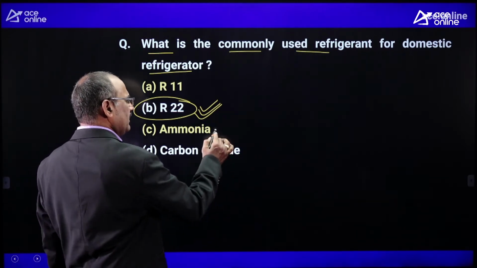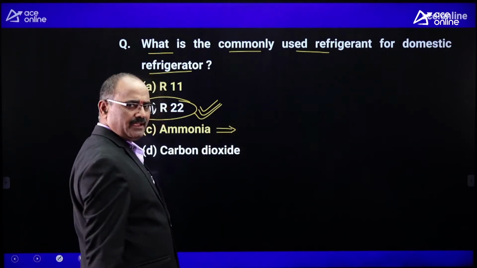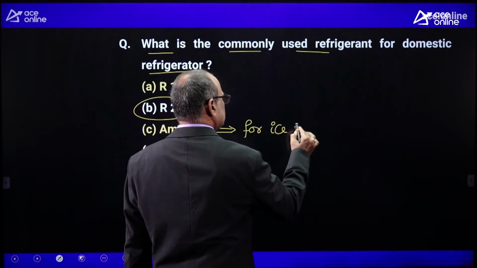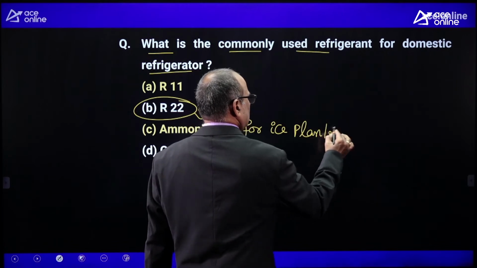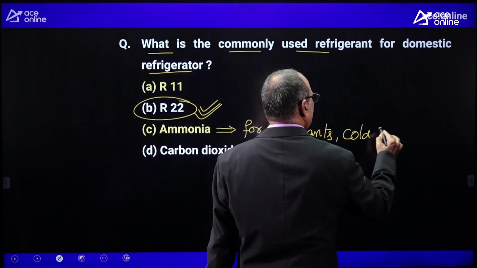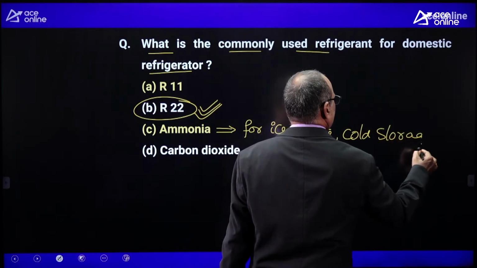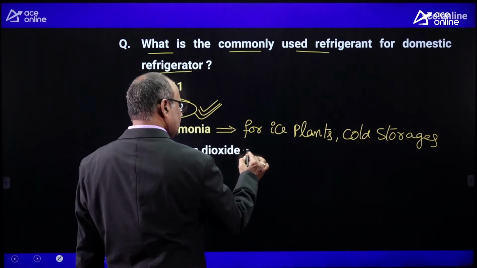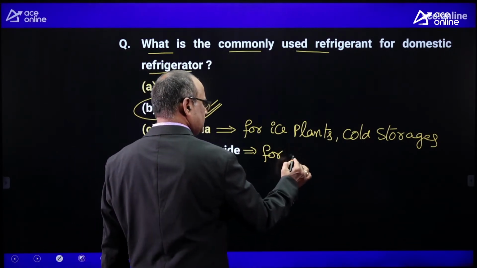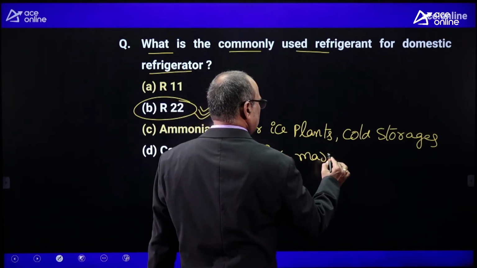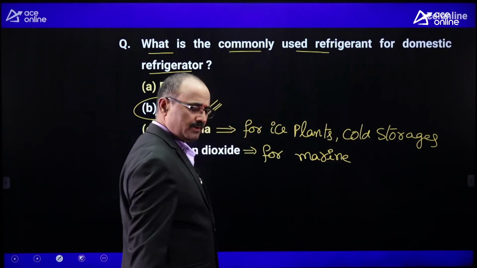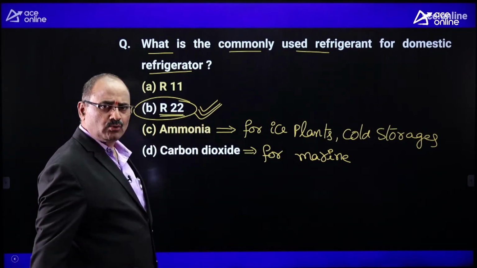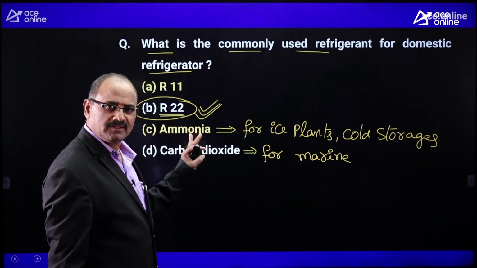Ammonia is generally used as a refrigerant for ice plants, cold storages, etc. And carbon dioxide is generally used for marine refrigeration systems. Anyhow, for our domestic refrigerator, generally R22 is the refrigerant.